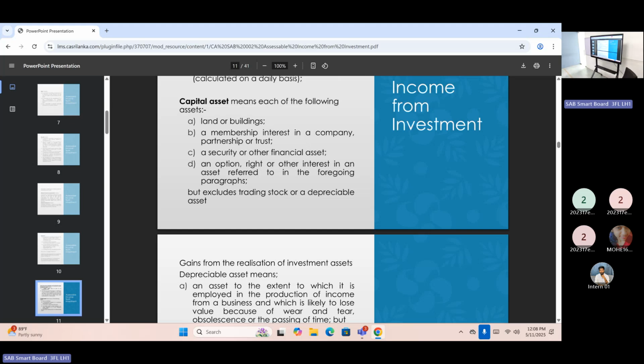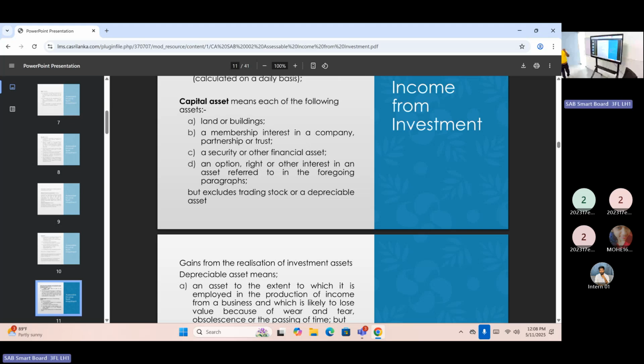Right. So, gain from realization of an investment asset, excluding depreciable assets. Depreciable asset means an asset to the extent to which it is employed in the production of income from a business, and which loses value because of wear and obsolescence, passing of time, but includes goodwill and interest in a land membership, interest in an entity. It's the same definition as when we discuss another business.